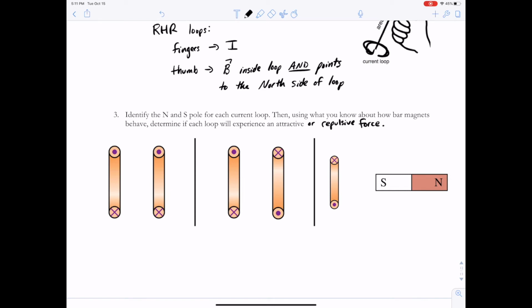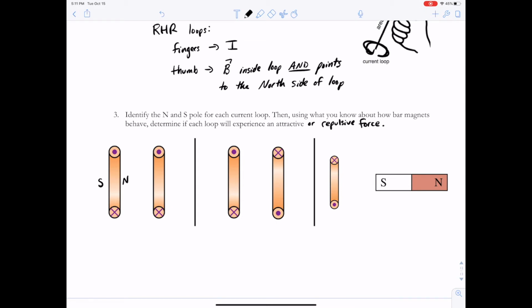So in the first example on the left, using our right-hand rule, we know that the right side of this loop would be the north and the left side would be the south. So what I did there is I curled my fingers out of the page at the top part of the loop into the page at the bottom of the loop. My thumb points to the right. That means the right side of the loop is north, the other side is the south.